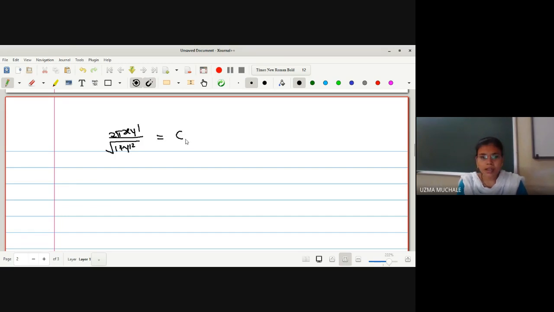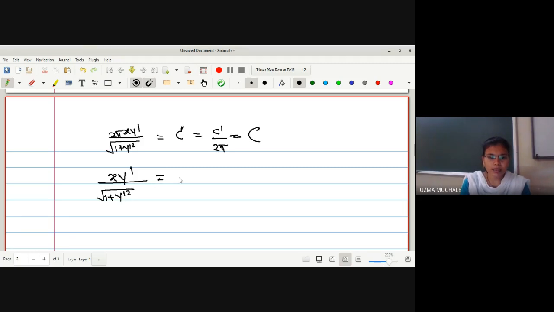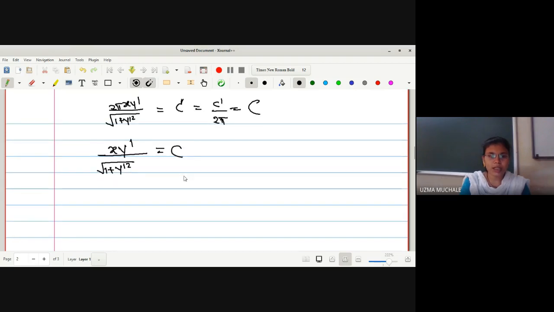This 2π is also a constant, so we can have c' upon 2π, which is another constant. The value of π is always constant, correct? This will be x y' divided by √(1+y'²) equal to this new constant, say c.